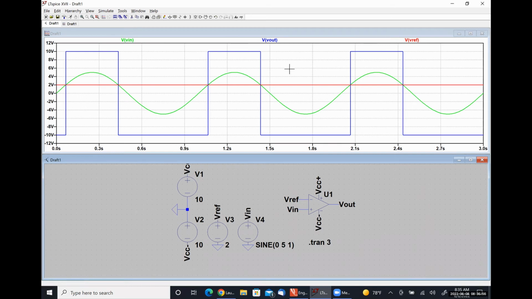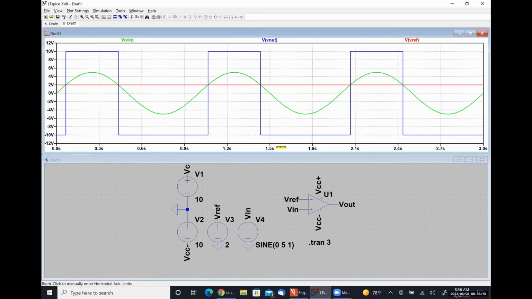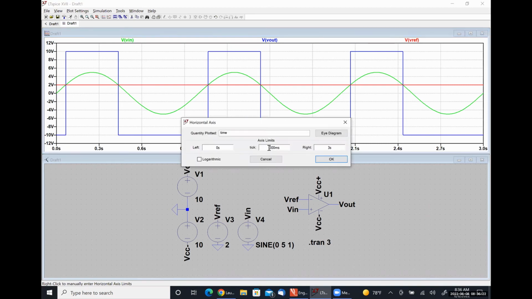Now, this plot is different than the one we generated by hand, because this plot is a function of time. The plot that we generated was Vout as a function of Vn. Well, we can replicate that plot by moving our mouse down here to the horizontal axis and changing the variable we're plotting against.